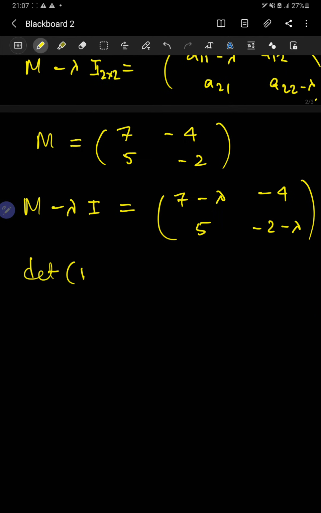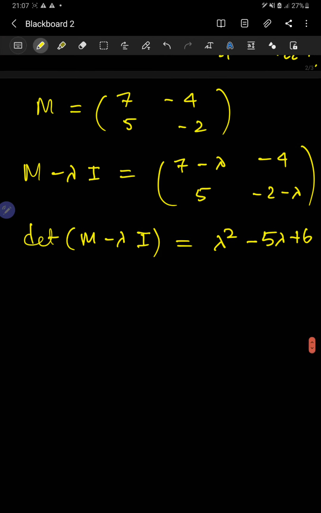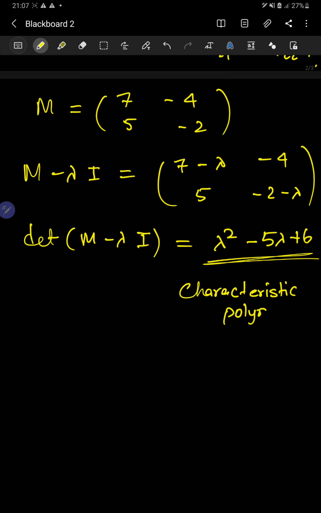So the determinant of this, if you simplify it, will take this form, and we call this thing the characteristic polynomial. The naming isn't important, but if you want to know it, I've written it.